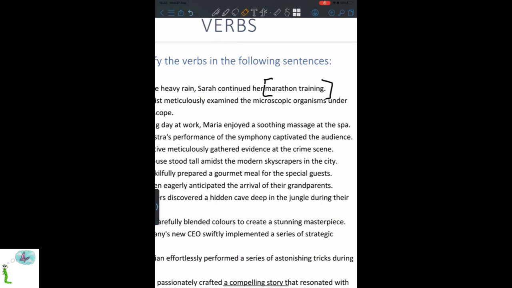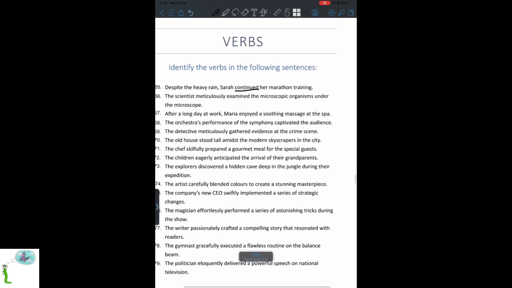Well, that's what she's doing. She's doing the marathon training. So that can't be the verb. The verb is doing. And which one is she doing? She's continuing. So that's the verb. Some people might get caught out by that, right? You have to figure out what is the action, or what is being done. Marathon training is being done. So even though it has ing at the end, it's going to be continued.